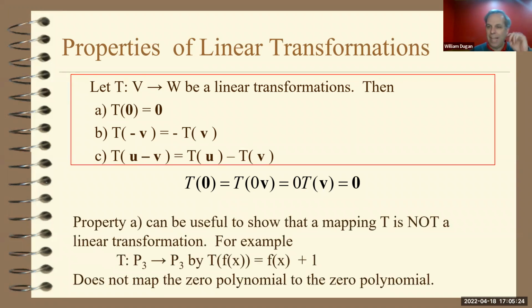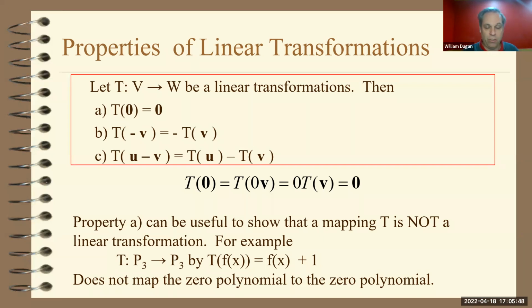And actually, that particular property, one of the reasons I proved it for you, it's really nice to use it first. Remember how I showed you that you sometimes have to guess if a mapping is a linear transformation or not, and you look for counterexamples. Almost always this is the first one you want to try, because if it is a linear transform, then the zero vector has got to be mapped to the zero vector.